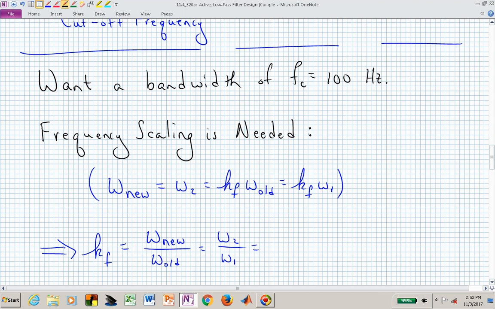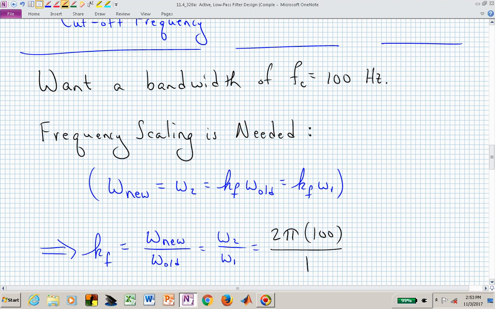Well, if omega 1 is in radians per second, then omega sub 2 needs to have those same units, and we can convert hertz or cycles per second to radians per second by remembering that 2 pi f now puts us into radians per second. So omega sub 2 is now 2 pi f. Omega 1 is 1.